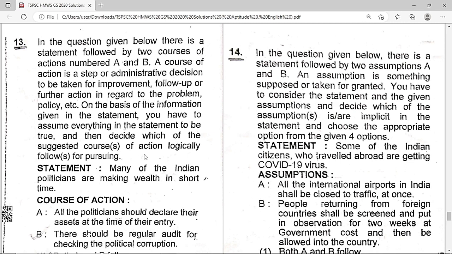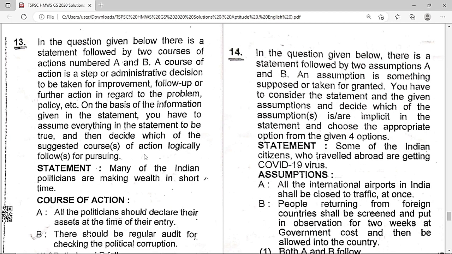Basically it is a step or administrative decision to be taken for improvement, follow-up or further action regarding the problem, policy, etc. So the course of action tells you about an administrative step or decision that we need to take for further improvement of the problem or policy.